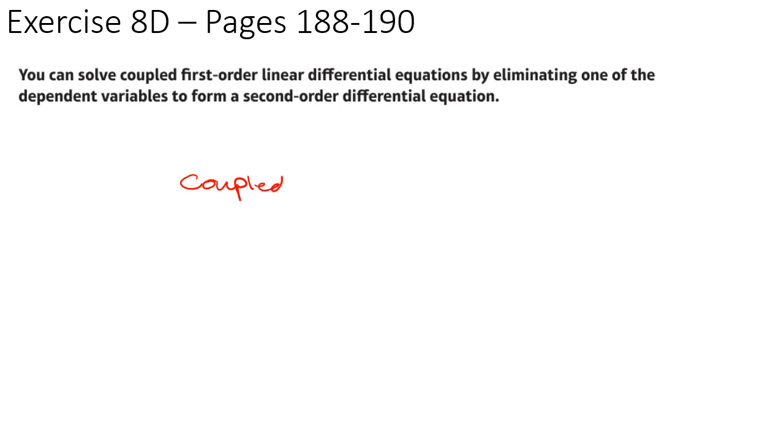So we have these two differential equations which are linked to each other. A change in one is causing a change in the other. And as it says here, eliminate one of the variables, normally x or y, and then you get this second order differential equation, which we solve using the usual methods.